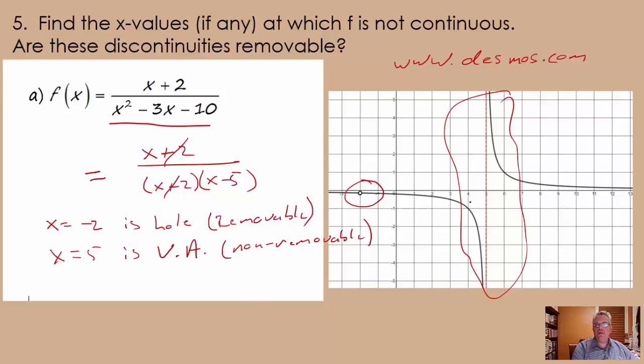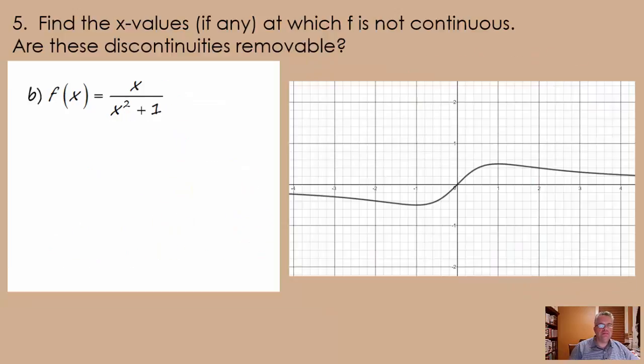Okay, so there are 2 points. Everywhere else, the function's fine. It's continuous. You don't have to pick up your pen to draw it. The only places where we would have to do that is at x equals -2 and at x equals 5.